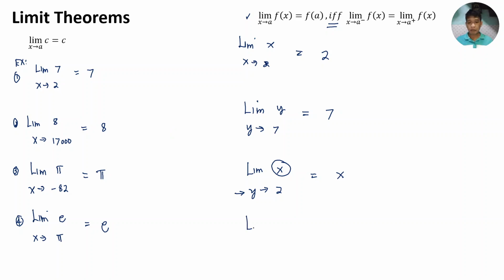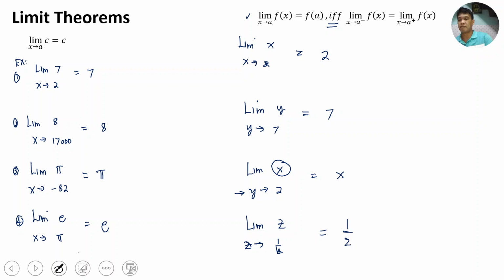So, limit of, say, z as z approaches 1/2 is of course equal to 1/2, since isa-substitute lang natin yung 1/2 dun sa ating z. So that is theorem number 2.